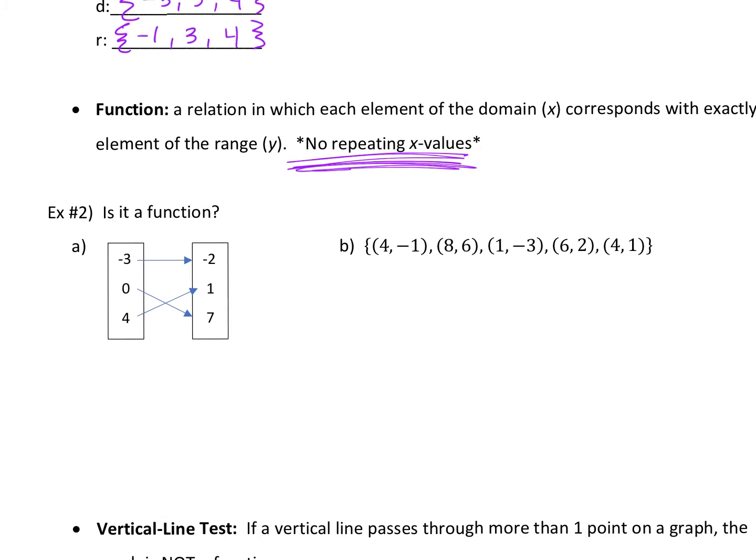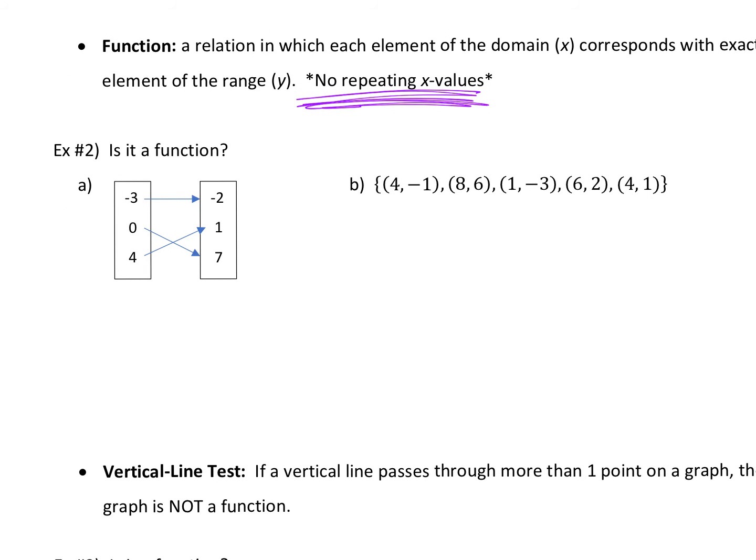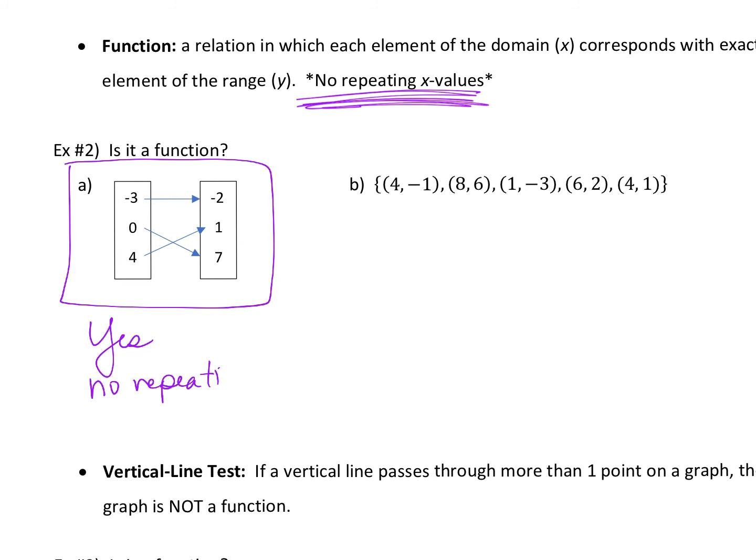So if you look at this first one here, is this mapping diagram a function? Yes, because you don't have any repeating x values. There's not 2 arrows coming off of it, right? So this would be yes, that is a function. There are no repeating x values. Okay, that's a function.